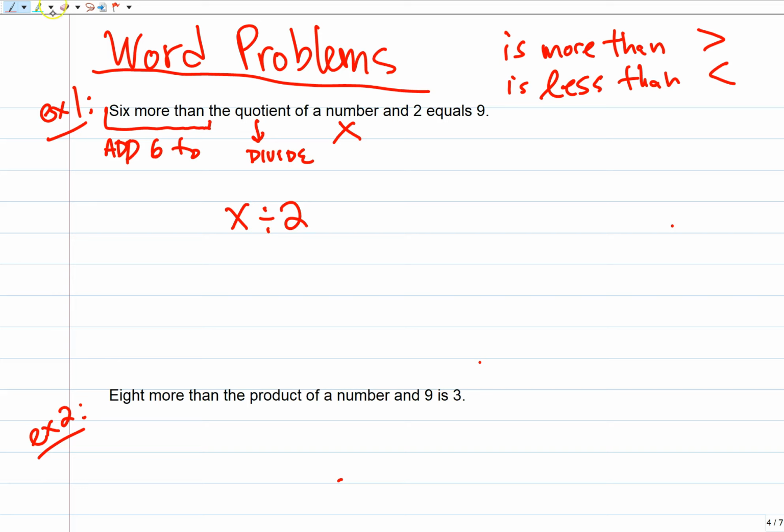It's not wrong, but it's easier if we just make it a fraction. This is one of those times you're like, what, a fraction? Yeah. This says x divided by 2, doesn't it? Deep breaths, I know. Now that's just that part right here. How do I do 6 more than that?